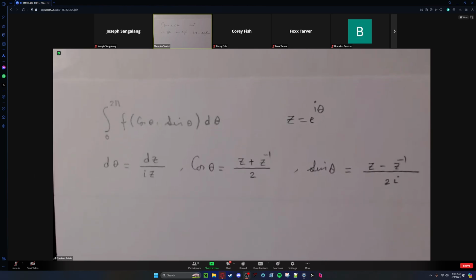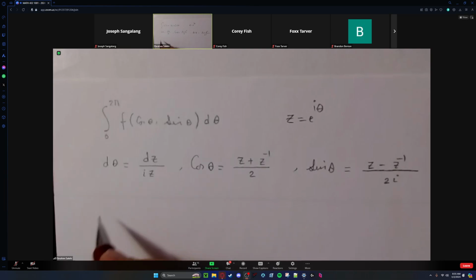Now, then I talked about the improper integrals, especially when the function is even, the improper integrals from negative infinity to infinity, f of x dx, all right?